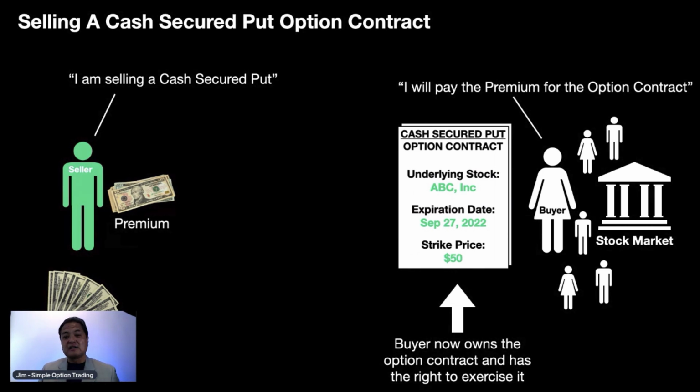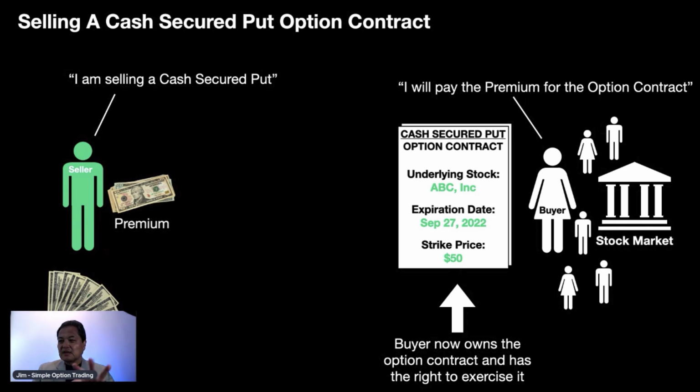And now the buyer holds that option contract, not literally, but they've got control of that option contract, which allows them to exercise the option. So at some point before the expiration date, the person who bought the contract can say, hey, we're going to exercise this option contract for these shares before the expiration date at this strike price.